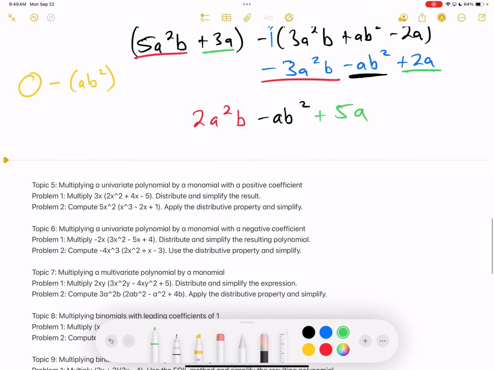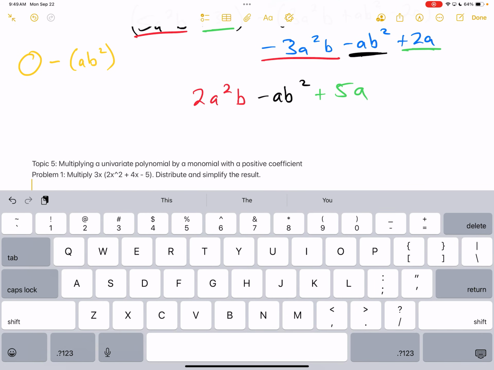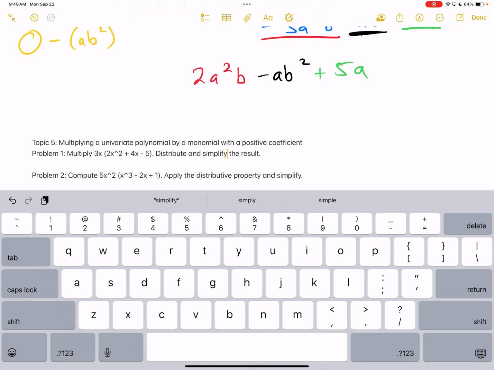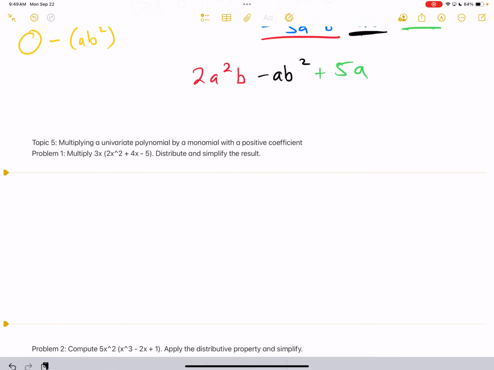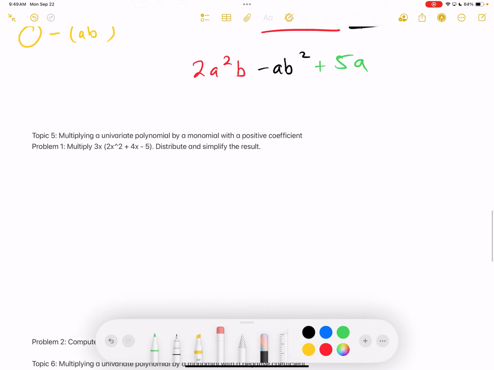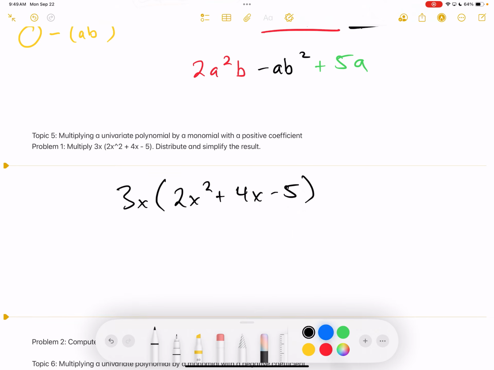All right, so that's adding and subtracting. It's kind of combining like terms. When you get into multiplying, this is distributing. Okay, so we have to take that 3x times everything inside there. 3x times 2x squared would be 6x cubed.